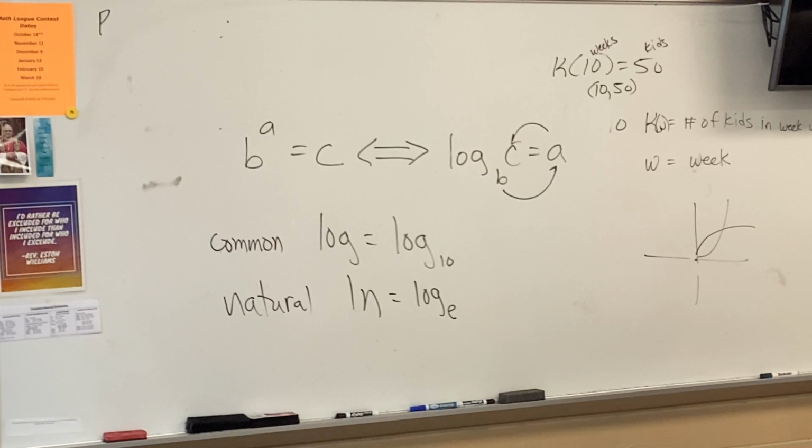Log base r of w equals t. And log base e of y equals 3x. You can write log base e, and I said that because that's what comes out of the problem, but the symbol is ln.